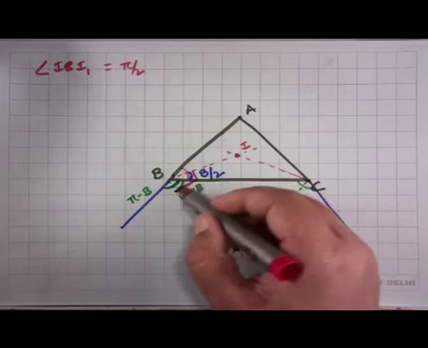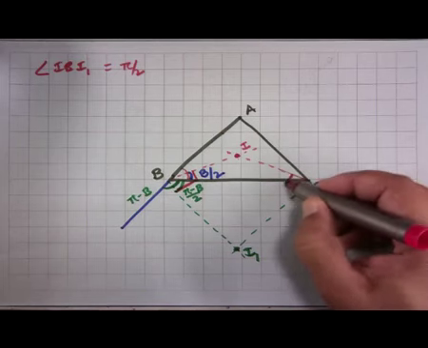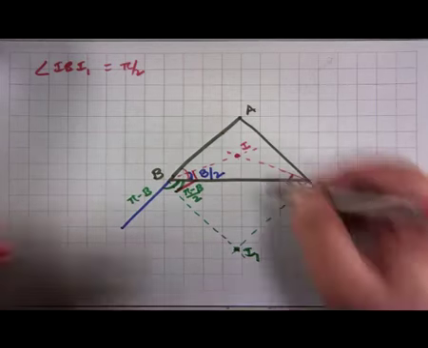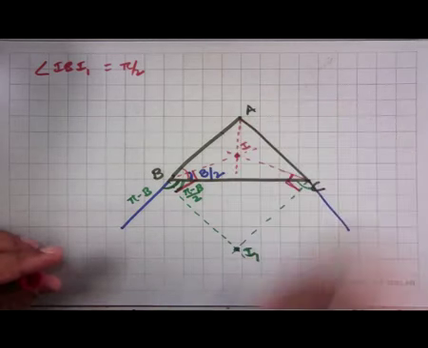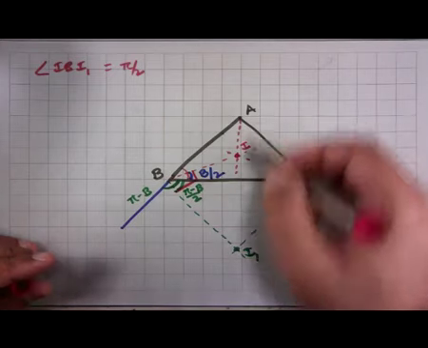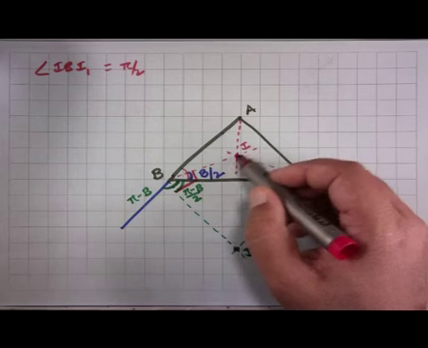Similarly, it is also easy to show that this angle will also be 90 degrees, and this line is the angular bisector of the angle A, and it also meets the other angular bisectors at this point I.